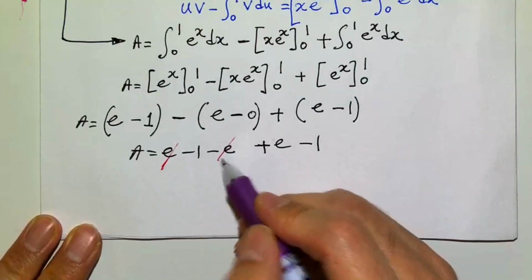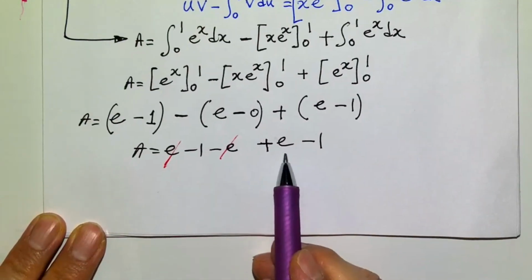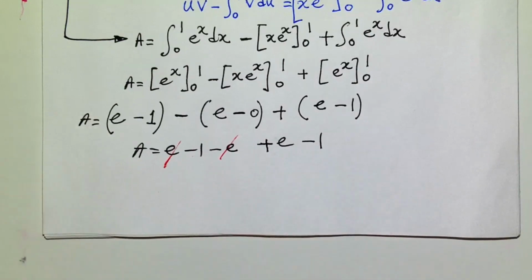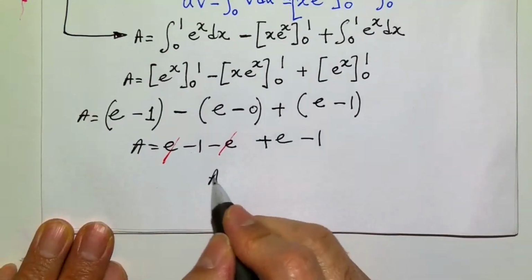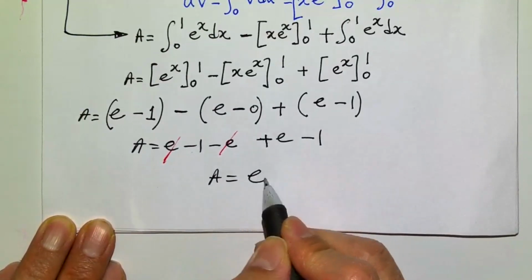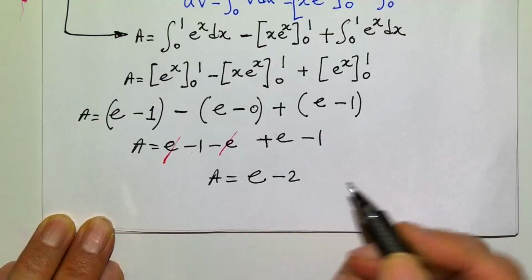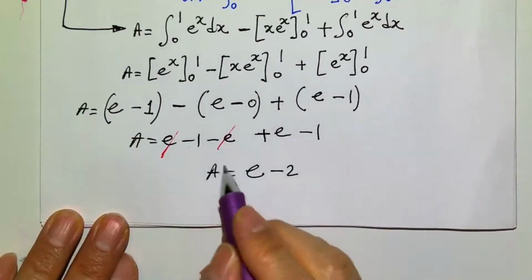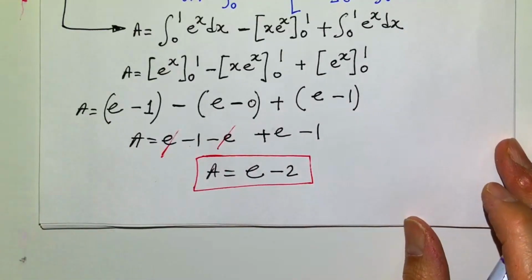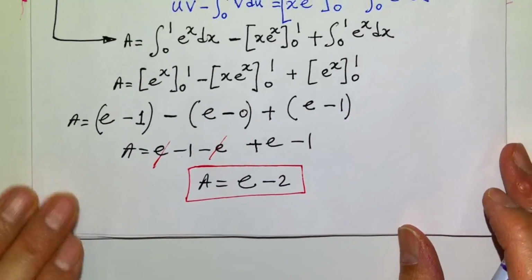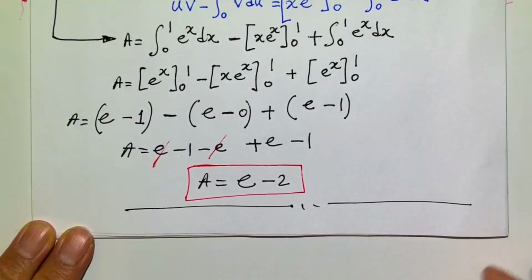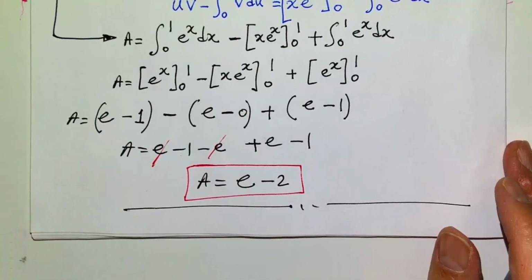We get e minus 1, they add up to minus 2. So the area, the final result, is e minus 2. Again, as before, I'm going to keep this in exact form. I'm not going to calculate the decimal value for that, unless the question asks me specifically to do that.